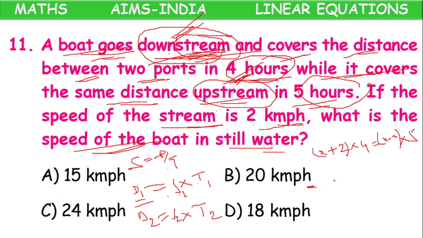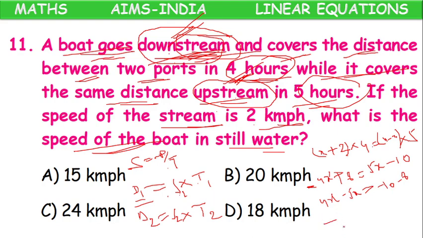5 hours. 4 into x, 4x plus 4 times 2, 8. So 5 into x, 5x minus 5 times 2, 10. All x one side. 4x comes this side, minus 5x equals minus 10 plus 8 will go that side, minus 8.